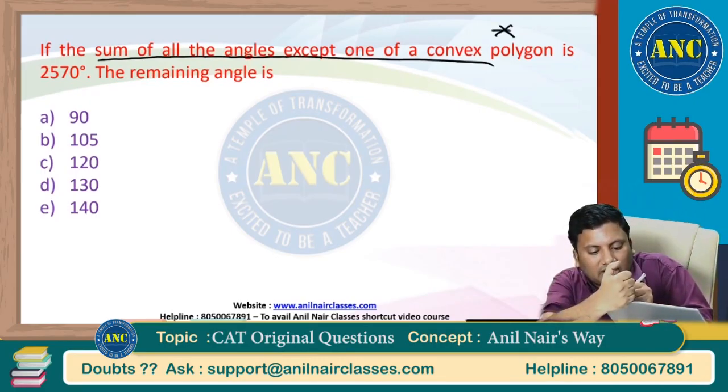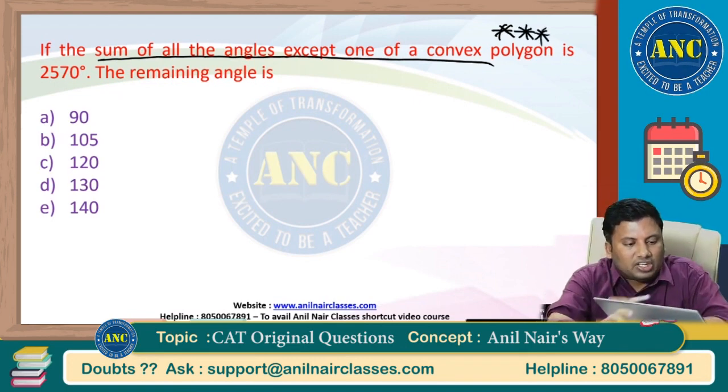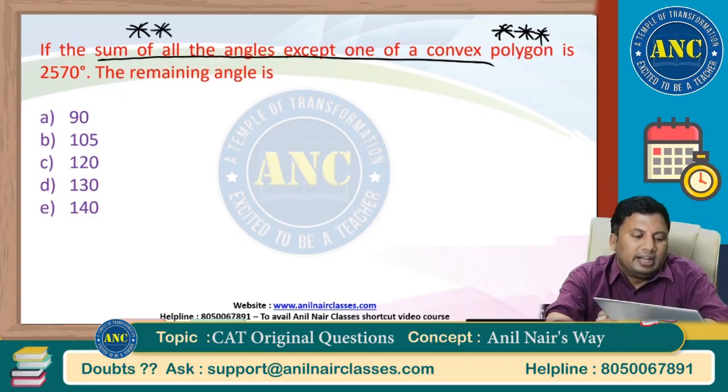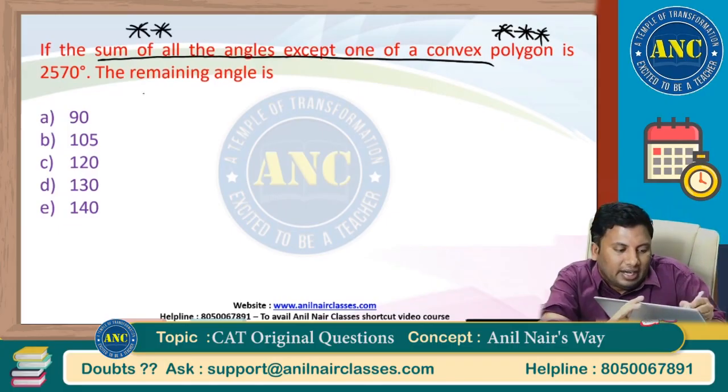Important key points are: it is a convex polygon, and it is a sum of all interior angles.